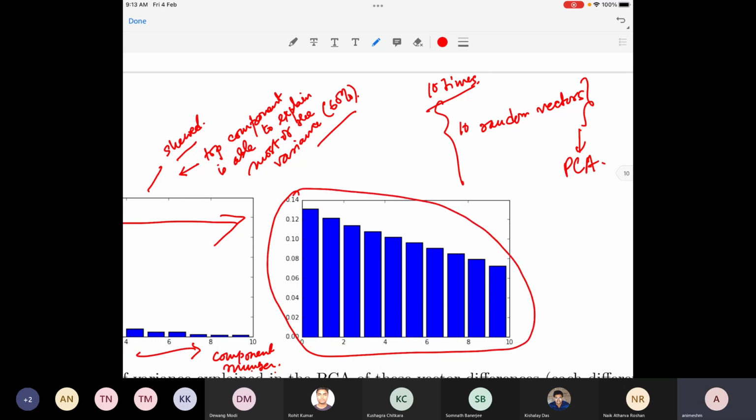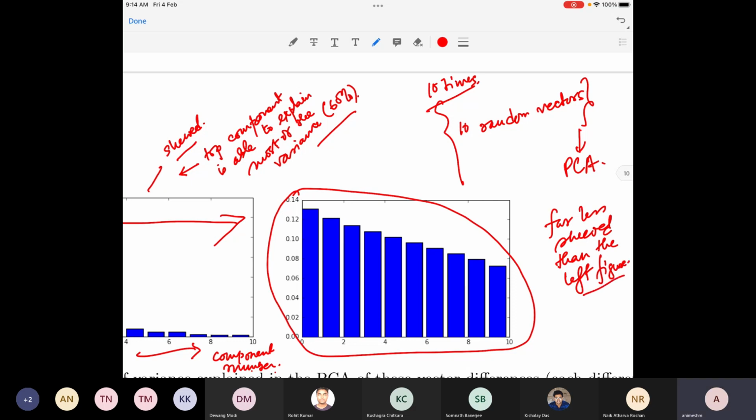What do you observe from this figure? Is it skewed? Far less skewed than the left figure.